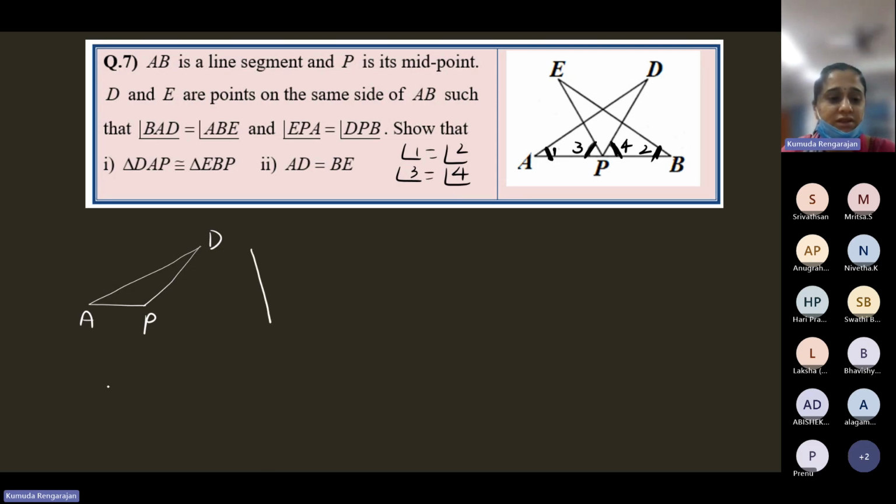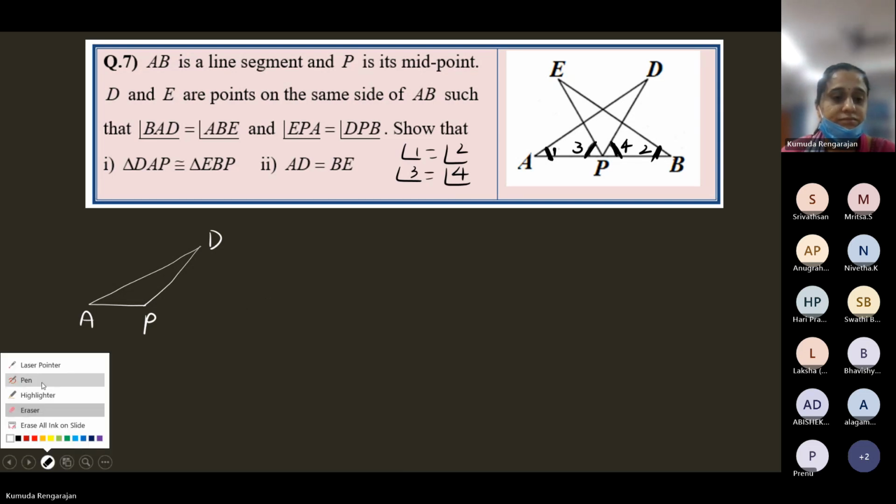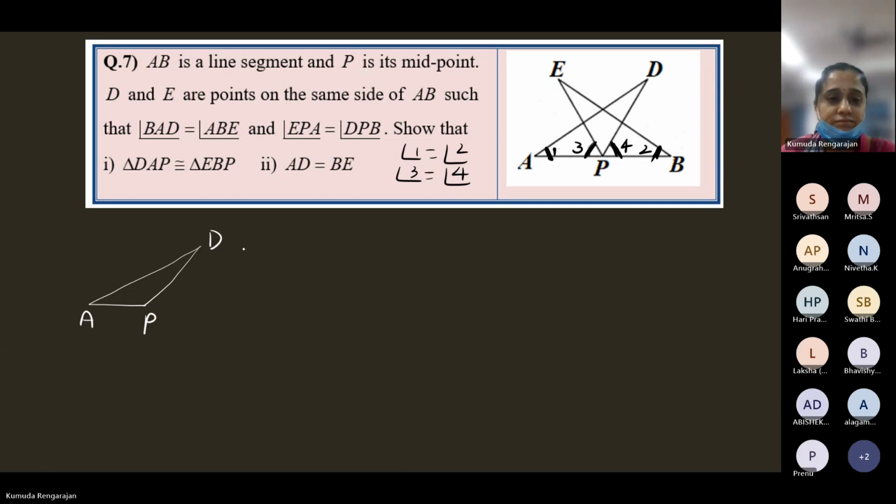EBP is a triangle we see there. I'll let you do.